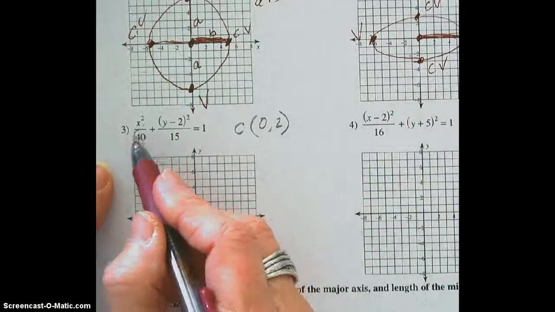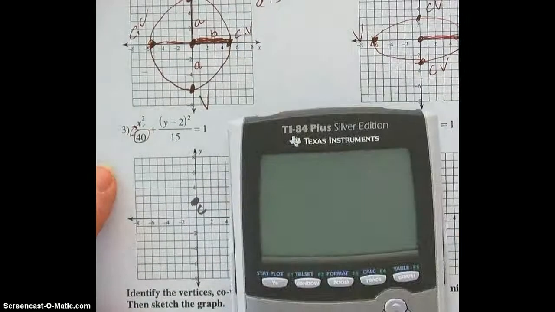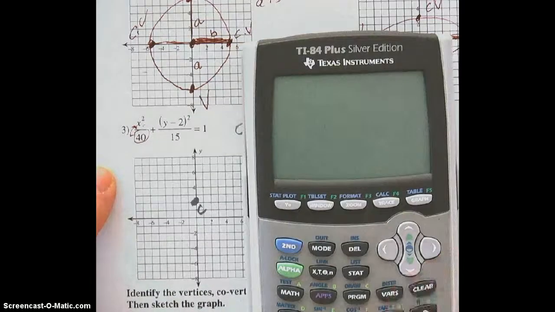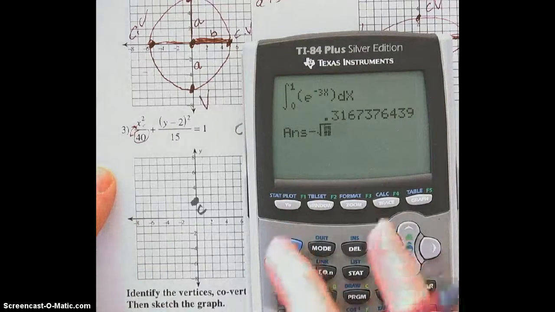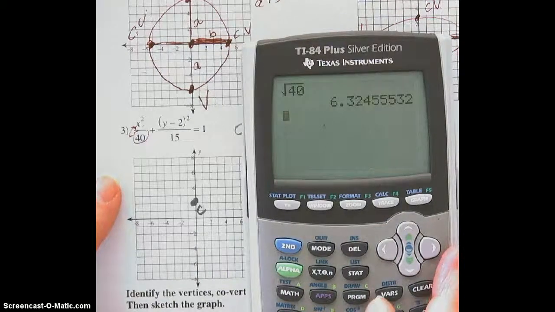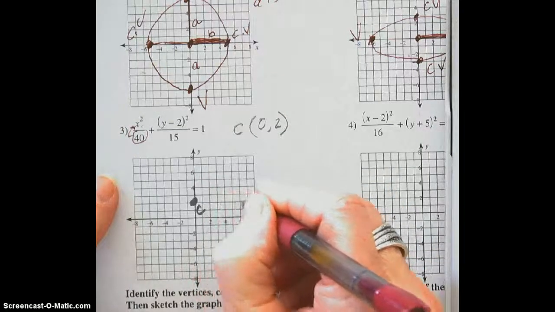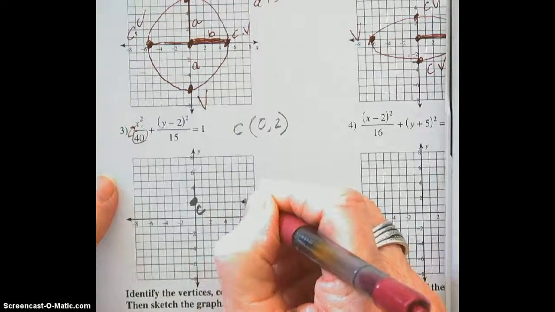I'm going to move in the x direction, not 40, but the square root of 40, which is 6.3. So I'm going to move in the x direction 1, 2, 3, 4, 5, 6, and a little bit more.